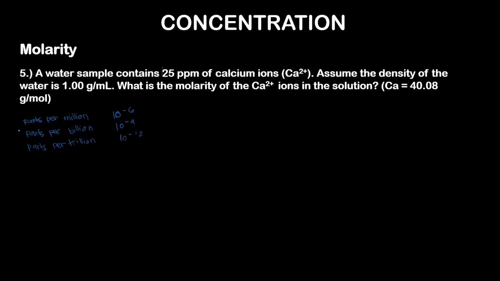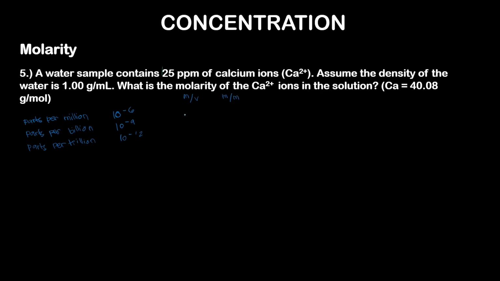So these are useful for small concentration values. So these are used to report that. So ppm, ppb, ppt can be reported in mass over volume or in mass over mass.